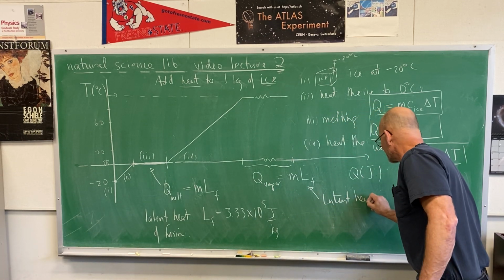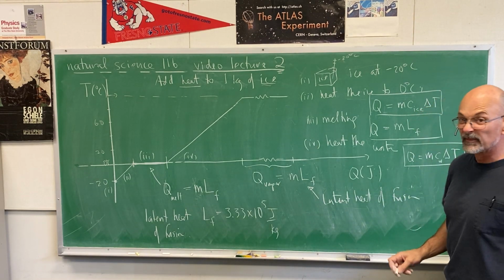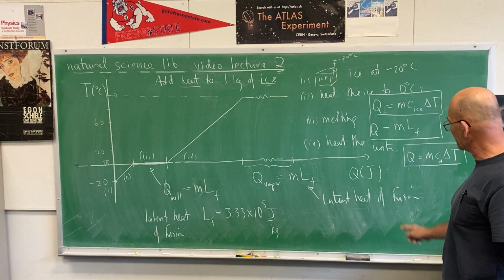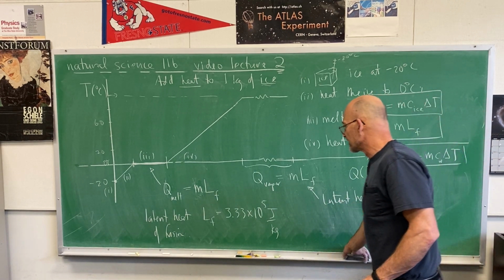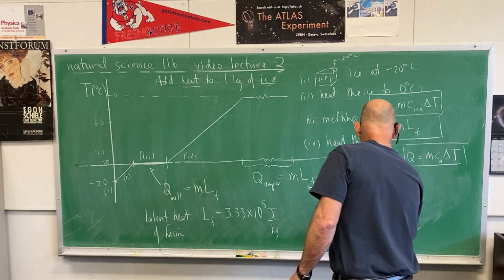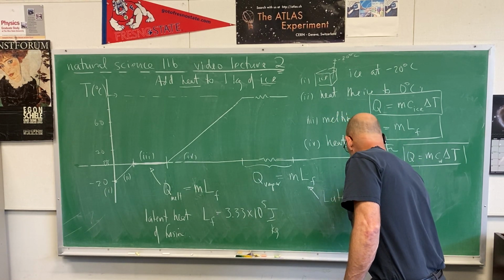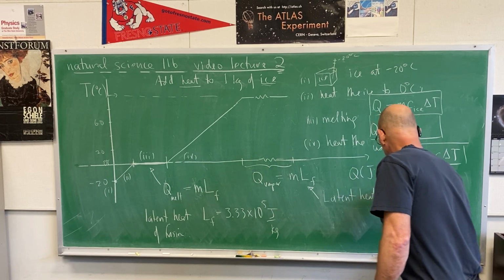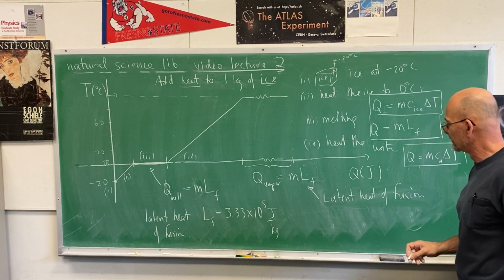Once I have all these definitions down, I can talk about them with it all up on the board. Latent heat of fusion. Can I write that more clearly? Maybe, but only maybe. Okay, latent heat of fusion.